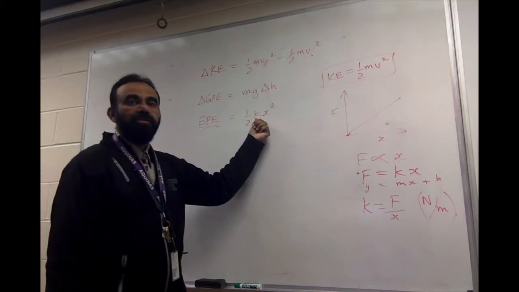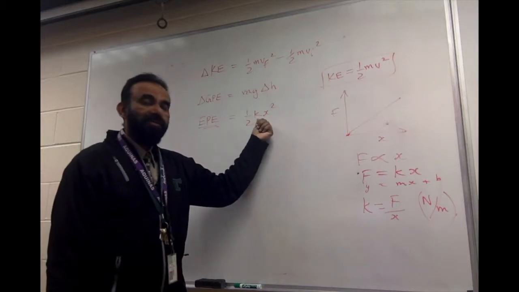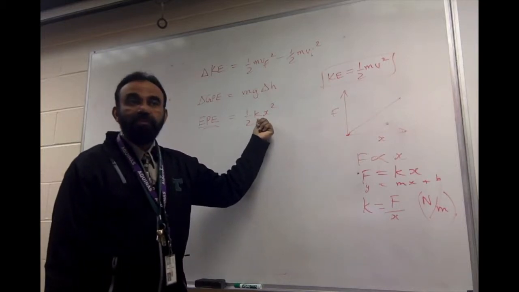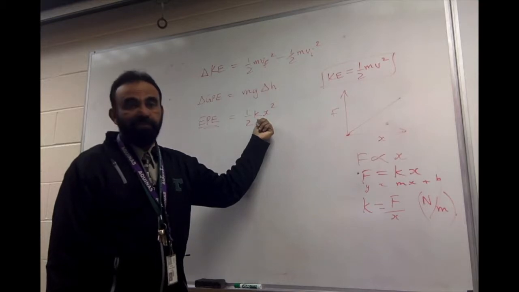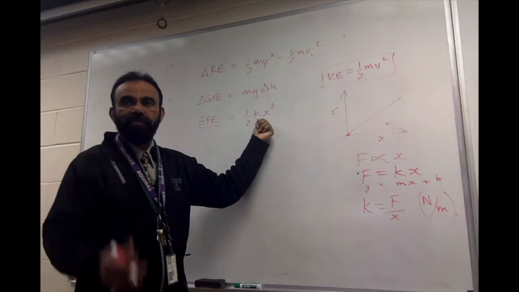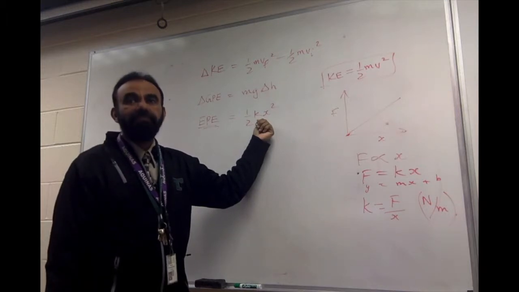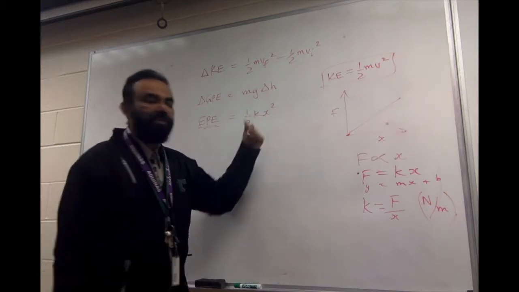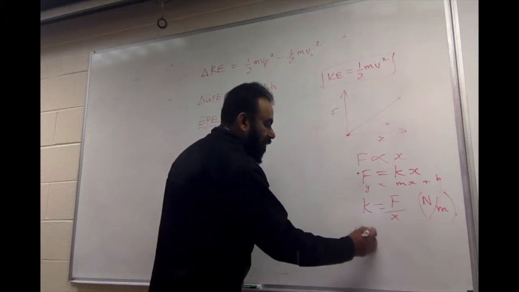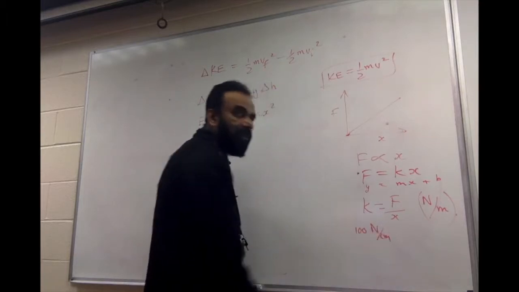So when you're going to use this k over here, make sure that it is given as Newton per meter, not Newton per centimeter. If you are given Newton per centimeter, then that is not k in our proper units, so you've got to change it. How do you change? If I say 100 Newton per centimeter, what is it in Newton per meter?